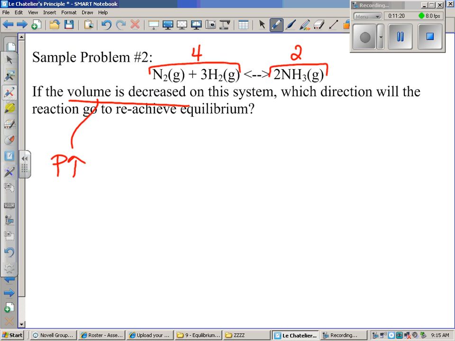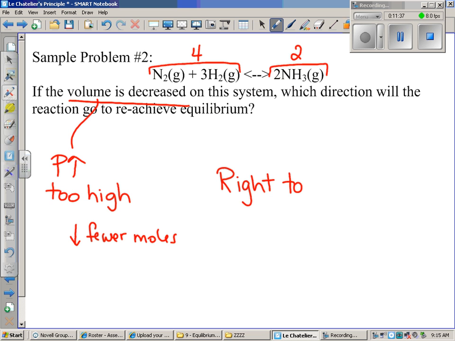So if the pressure is too high, we need to bring it back down. So to bring it down, we want fewer moles. So we are going to shift to the side with fewer moles, which in this case is to the right. To make fewer particles, this is what your explanation would look like.